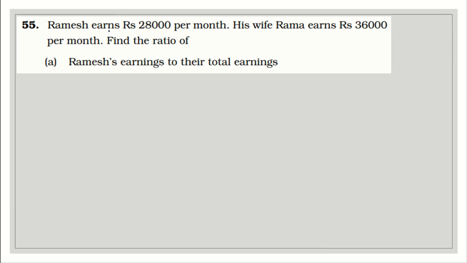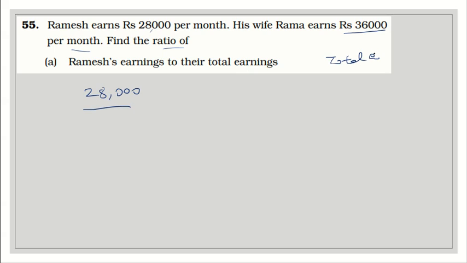In question number 55, Ramesh earns 28,000 per month. His wife Rama earns 36,000 per month. Find the ratio of Ramesh's earning, that is 28,000, to their total earnings. What is the total earning?